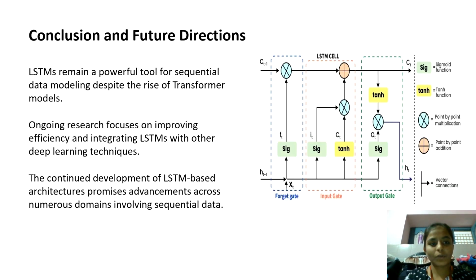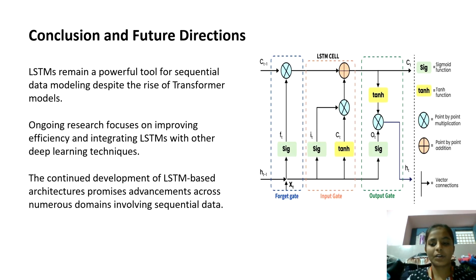And next, coming to the conclusion and future directions. So long short-term memory is an important concept in deep learning architecture for working with sequential data. It was developed to address the limitations of traditional RNNs, especially difficulties in learning long-term dependencies.